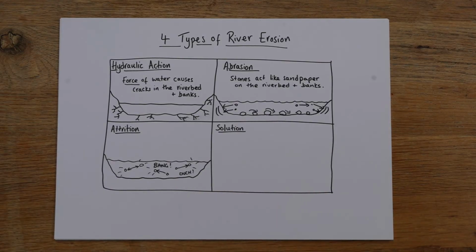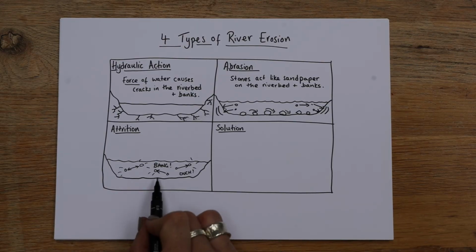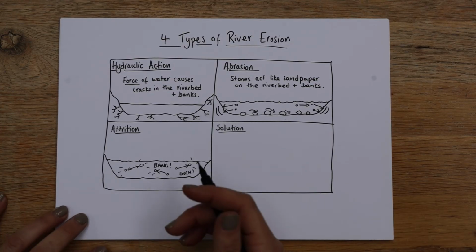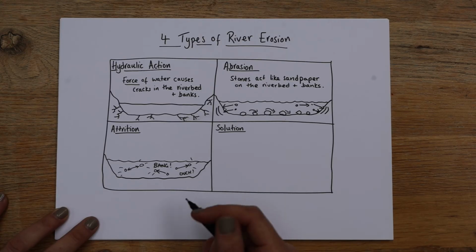So this is where angular material, edgy material with sharper edges in the upper course, ends up being super smooth by the middle course towards the lower course, and by the lower course it's been eroded down to almost nothing. By knocking into each other, they are knocking the edges off each other. They are rounding each other down, just by bumping into each other.